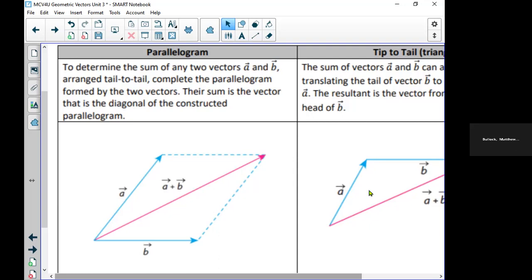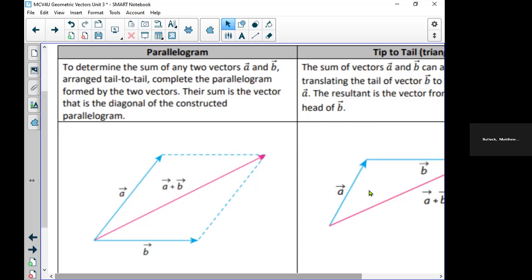We'll have the same magnitude and direction as the vector that's adjacent to it. So you create a parallelogram, and then you're going to draw a new vector from the corner of where those tails met over to the opposite edge of your parallelogram. Okay, does that make sense? So tail to tail, construct a parallelogram, create a new vector that goes from the tail to tail point to the opposite end of the parallelogram. That vector which you created is the new vector which represents the sum of the original two vectors.